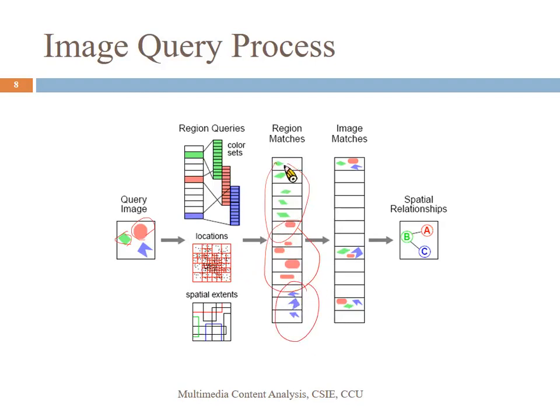And then we identify the location of these objects and try to find the intersection of all these results. If an image consists of all three kinds of objects and the spatial location meets some criteria, we may finally return this image as the final result.